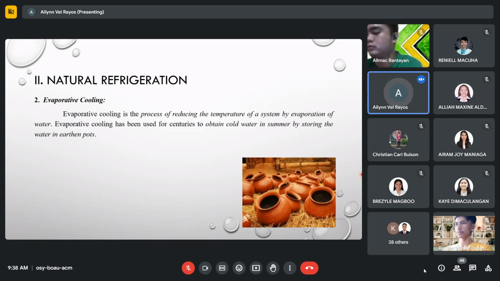So again, we have here evaporative cooling. This is a process of reducing the temperature of a system by evaporation of water. Evaporative cooling has been used for centuries to obtain cold water in summer by storing water in earthen pots. So again, the earthen pots also serve as part of the insulation. Sometimes they are buried in the soil.